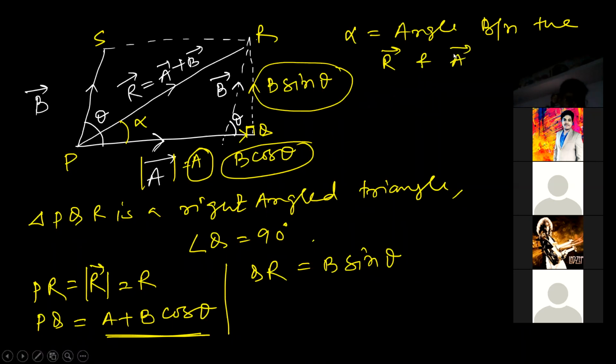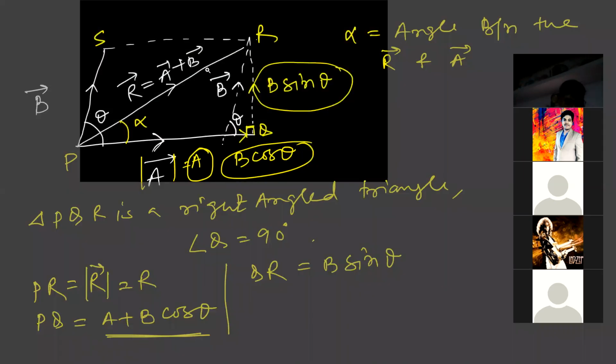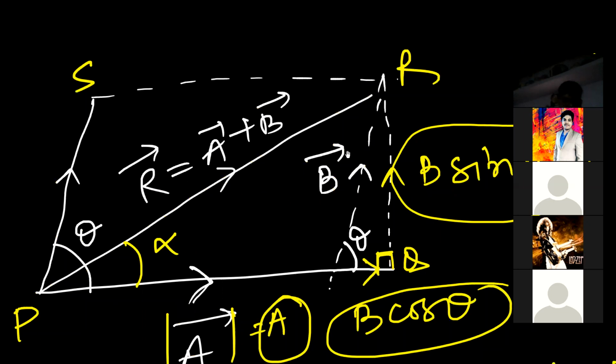Okay, so what will be the value of tan alpha? Just see the figure. I'm just zooming in, tell me what will be the value of tan alpha. Because we know tan alpha is equal to perpendicular by base, right? The perpendicular is B sin theta and the base is A plus B cos theta.